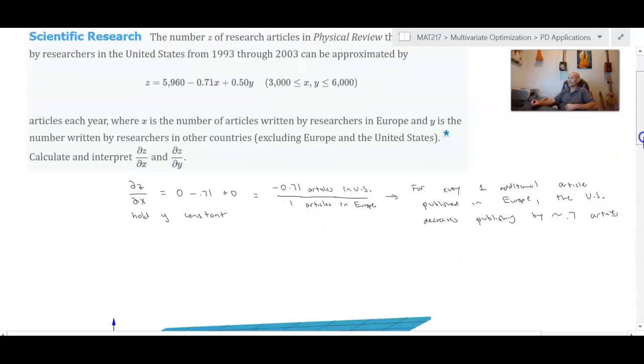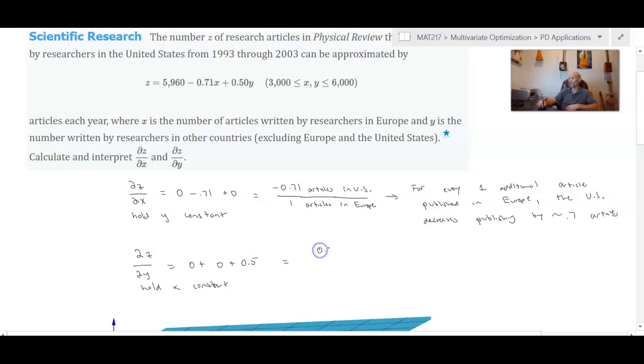Now as we interpret dz/dy, now we're holding x constant. So any terms that involve x are going to be treated as constants, namely this one here, negative 0.71 times a constant is a constant. So the derivative of the first two terms will be 0, and the derivative of 0.5y will be plus 0.5.